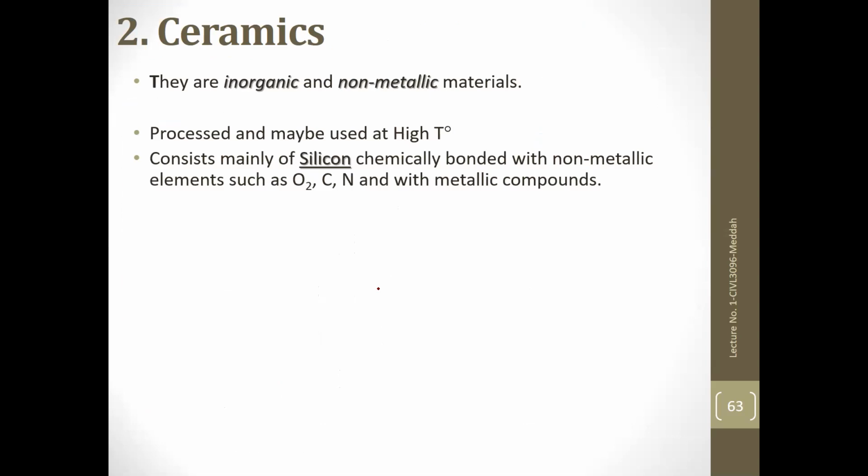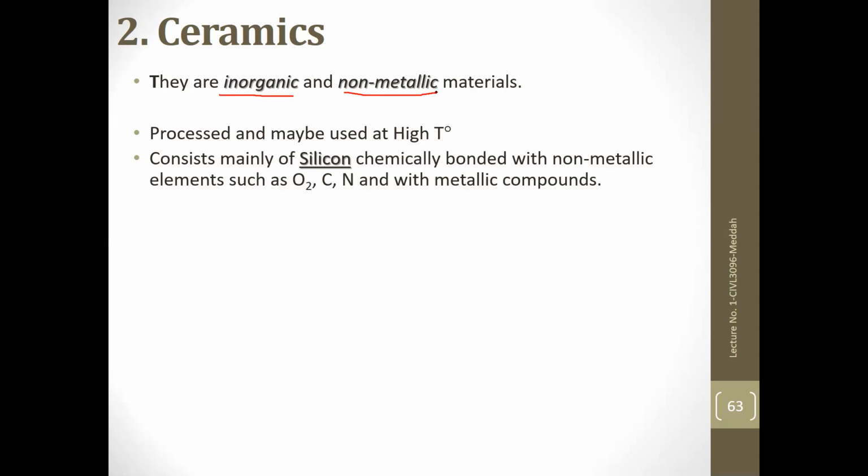Of course, throughout the course, we will learn more and more about metals, and specifically about steel and somehow aluminum. Then we move to ceramics. Ceramics are another category of materials, known to be inorganic and also non-metallic.